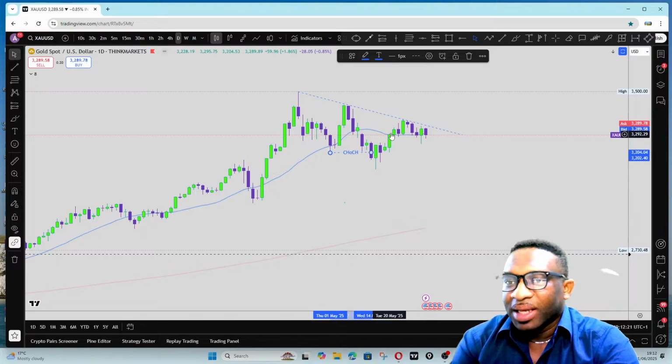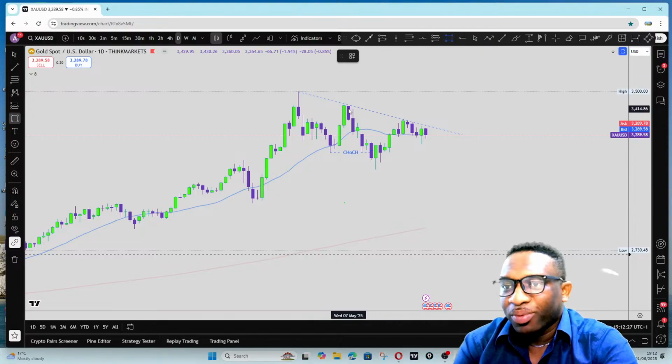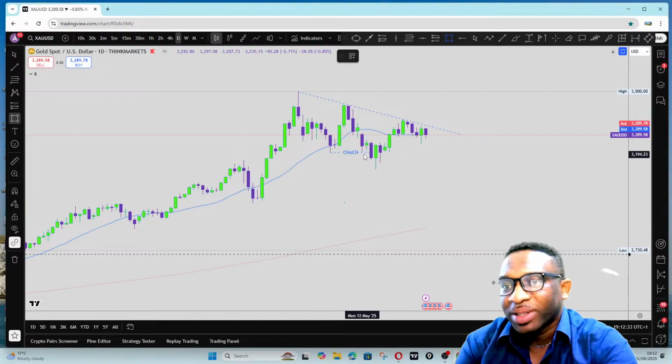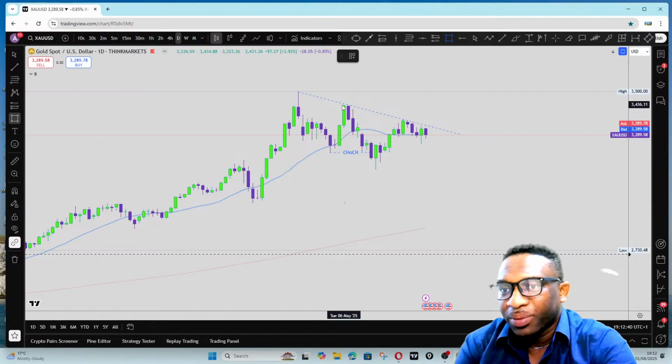With that said, once we spot this, the next thing we can look out for is where price originated from to break this low, or to cause this change of character. As we can see, this happens to be the area.